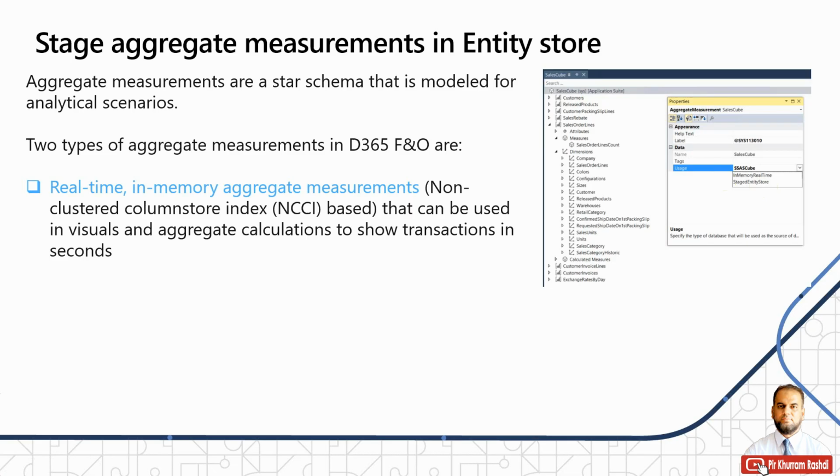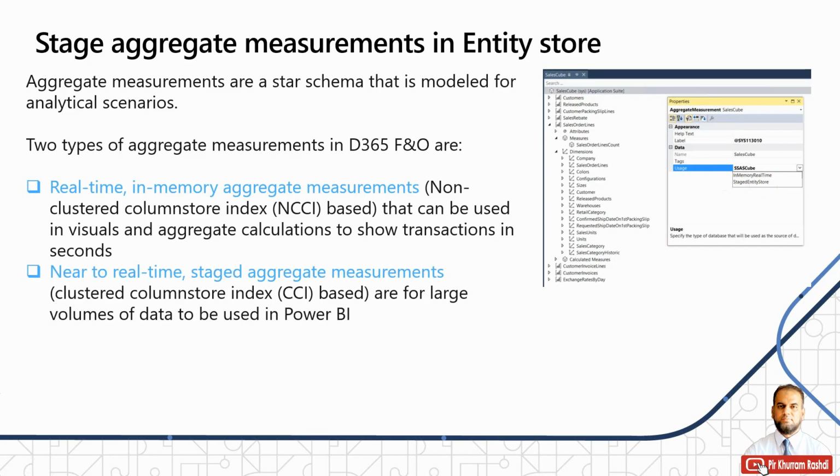Two types of aggregate measures are available. One is the real-time in-memory aggregate measure, and the second is the near-real-time staged aggregate measure. So what is the difference? The real-time one uses a non-clustered column store index, NCCI, whereas the near-real-time one uses a clustered column store index, CCI.